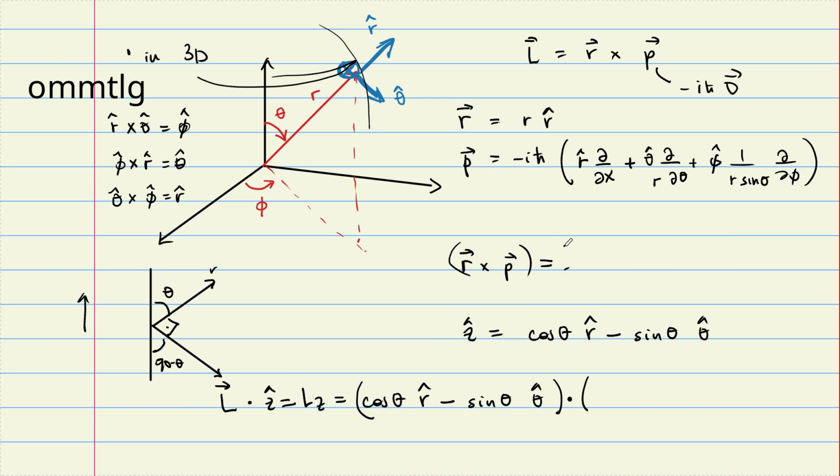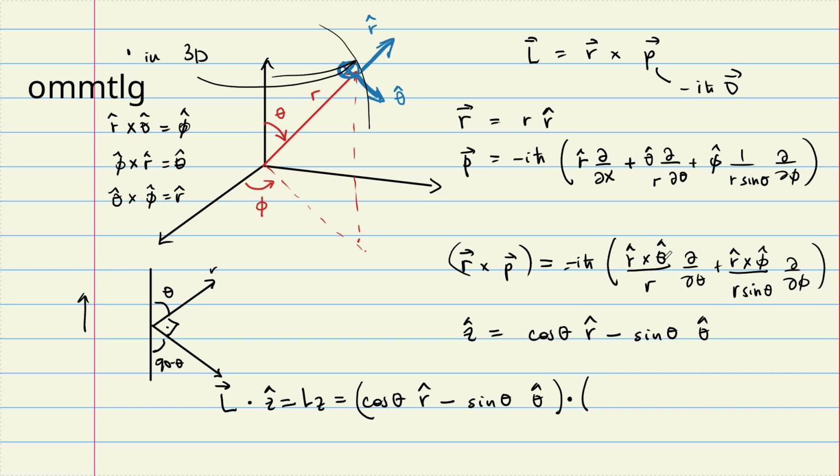and I want to calculate this thing, and this thing is what? So this is minus I h bar. R cross R is 0, so I don't have to take that. So this is going to be R cross theta hat divided by R del theta plus R cross phi hat divided by R sine theta del phi.